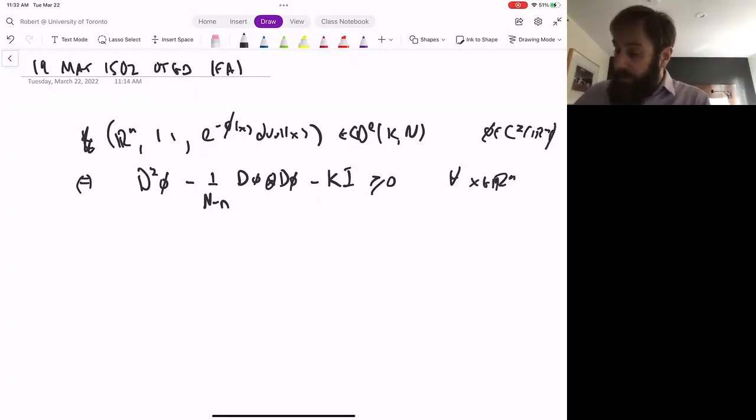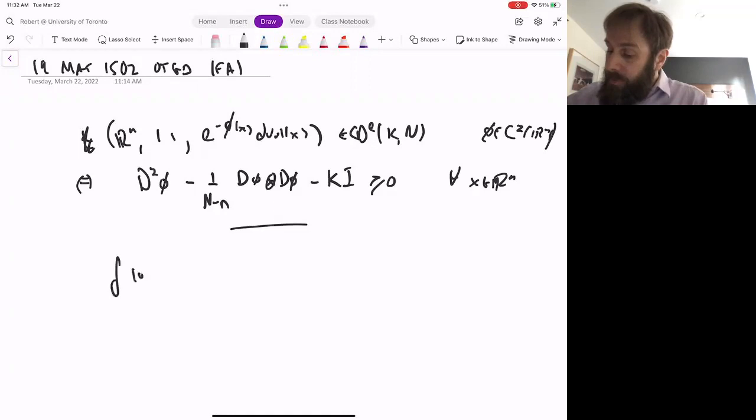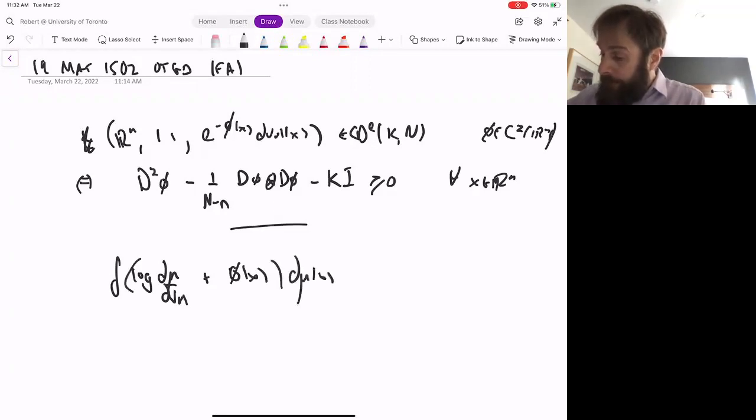So there were a couple of points I wanted to make clearer. One of them was in the proof. I said, in order to check this condition, we need to examine the convexity of a functional like the integral of log d mu d volume against mu plus, let's say, phi d mu of x, the displacement convexity.